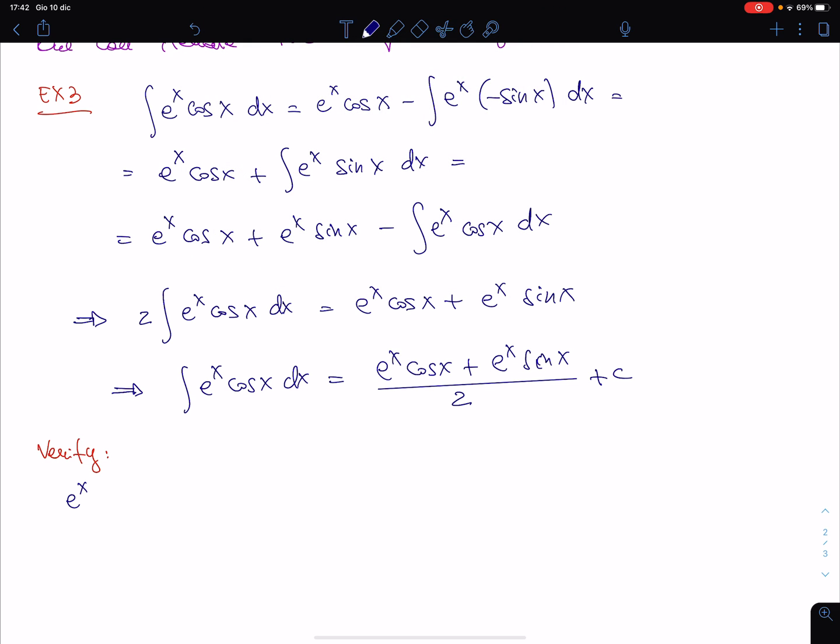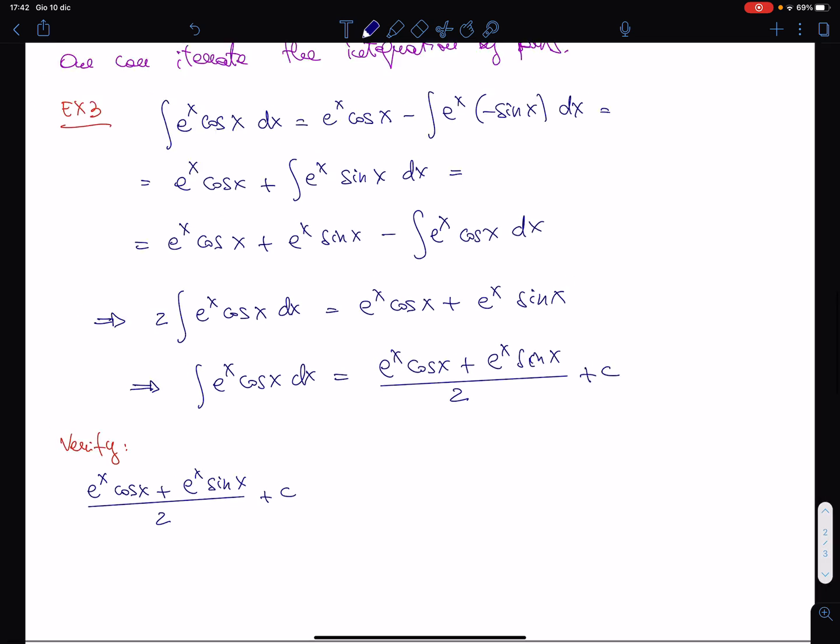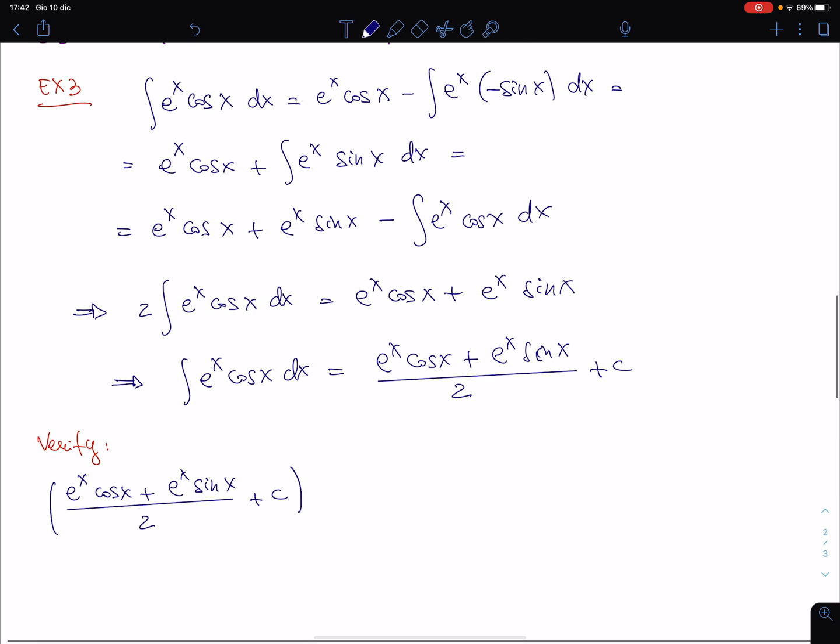So e to the x cosine x plus e to the x sine x divided by 2 plus c, prime.